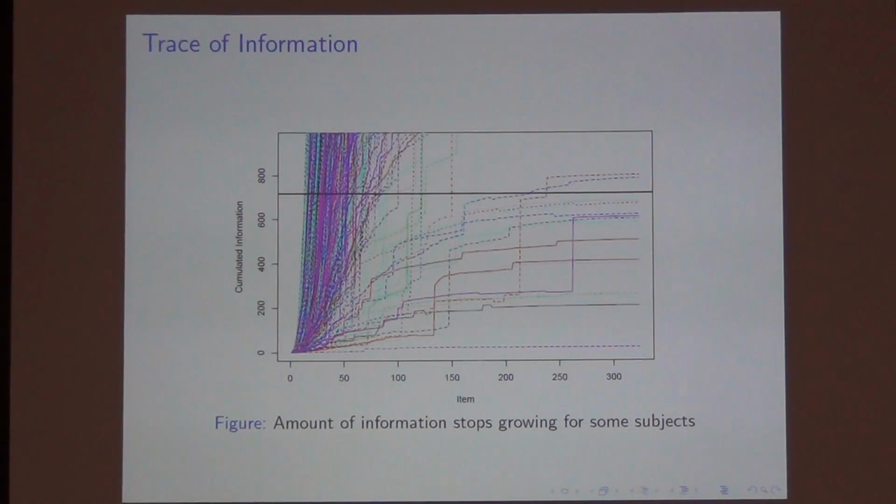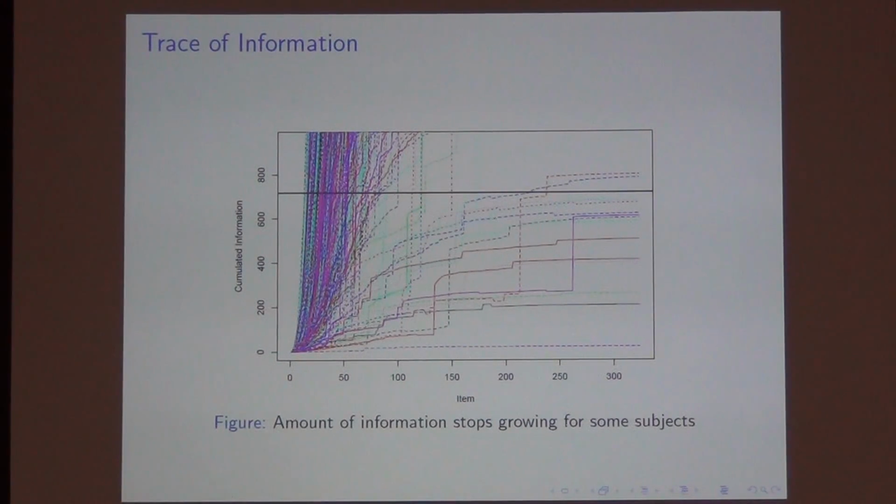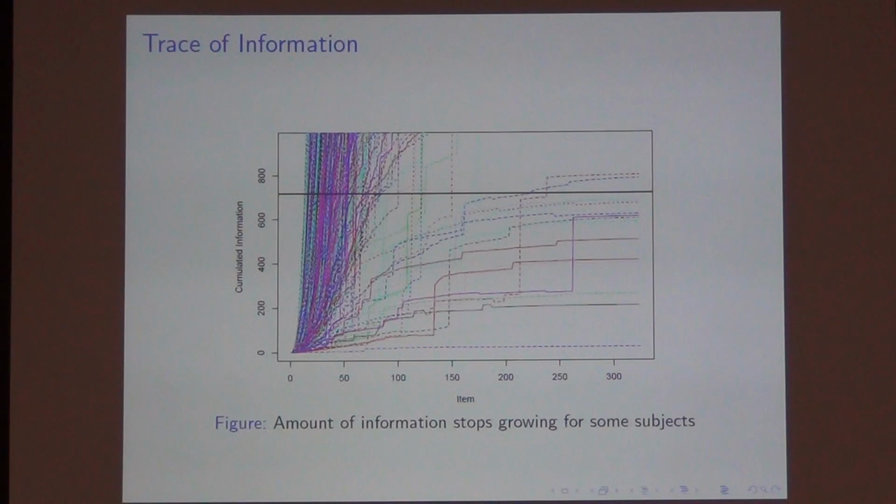And if we look at the growth of the information defined in the D rule, we get a trace plot by subject. Here, the x-axis is the number of items, the y-axis is information. If we use the solid line, you can see the information is increasing throughout the test.